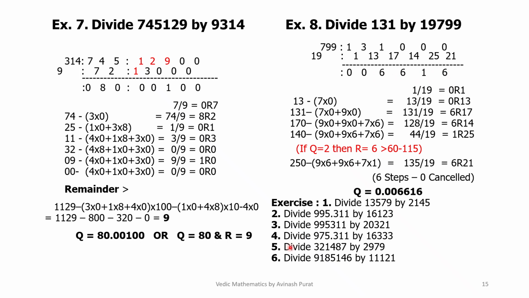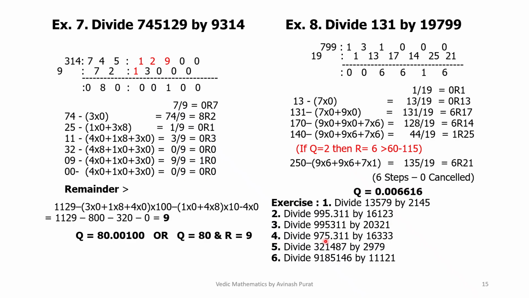0.006616. Now the exercise. First is divide 13579 by 2145. Second is divide 995.311 by 16123. Third is divide 995.311 by 20321.